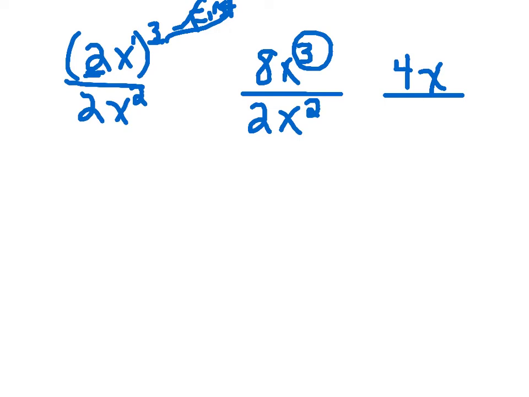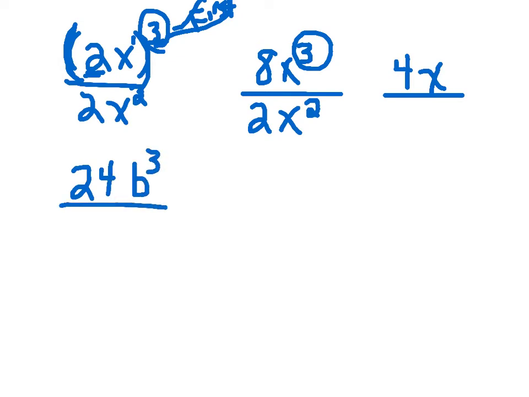So don't forget, when it's in parentheses and raised to an exponent on the outside, you have to take care of that first. All right, what about if I have 24b to the third divided by 12b to the third?